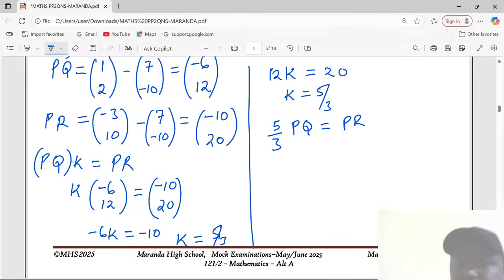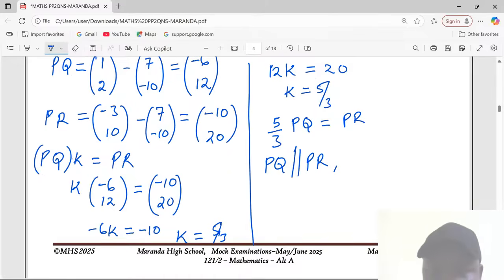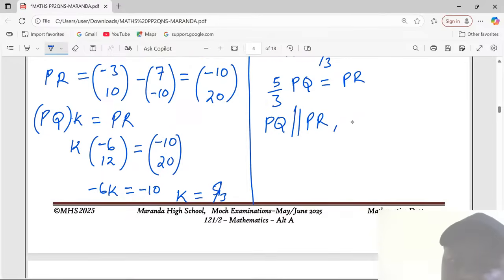That means they are two parallel vectors. So with this, we can say PQ and PR are parallel. And out of the two vectors, there is a point which is appearing twice. So you mention it: P is a common point.